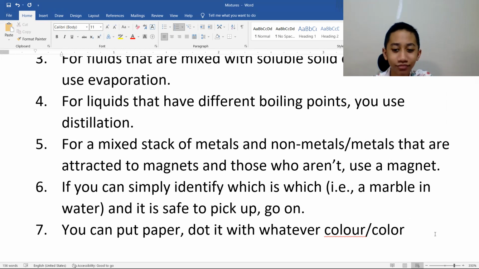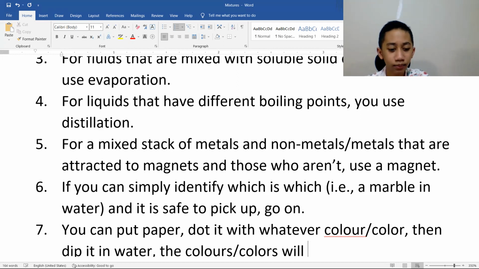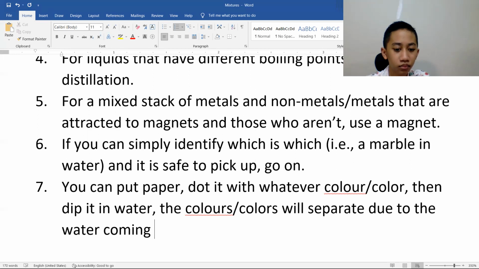Whatever color, then dip it in water. The colors will separate due to the water coming up.